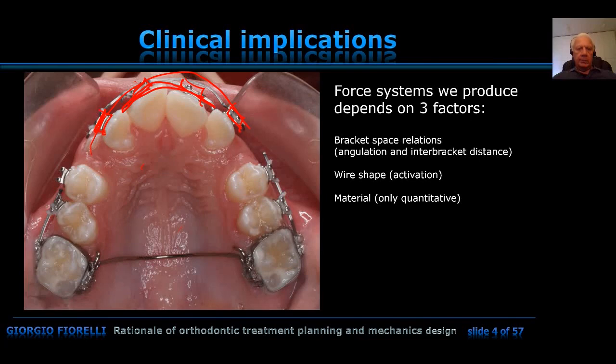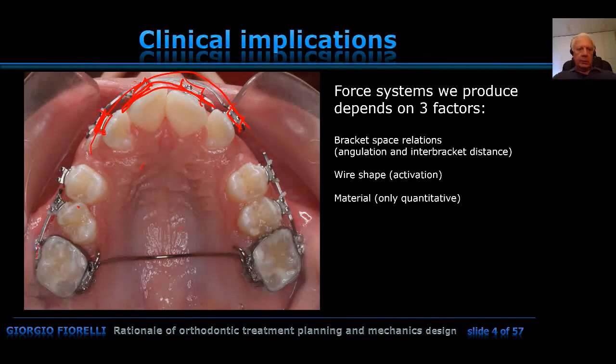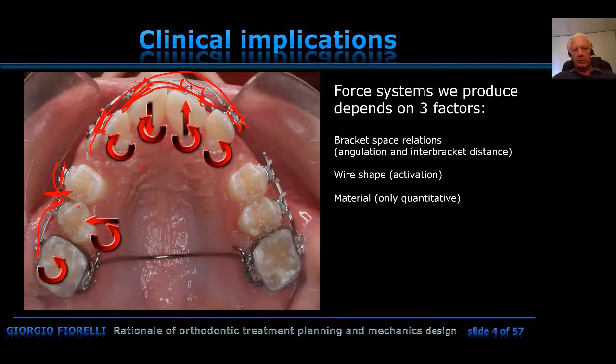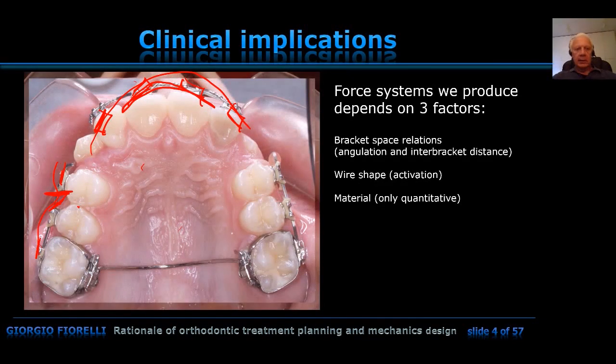Give a look here. Here we have a high geometry, and here there would be a low geometry. Maybe it's a 3 or just below 3. Don't use a straight piece of wire here, but just cut it here. This would be the force systems that are generated by the straight thing.